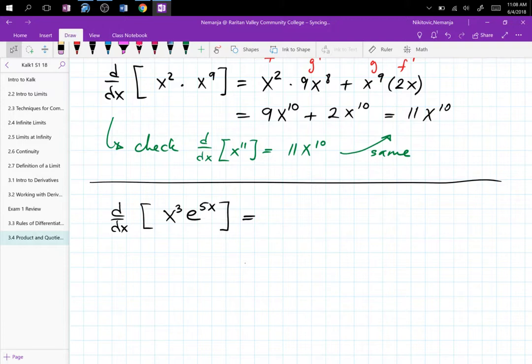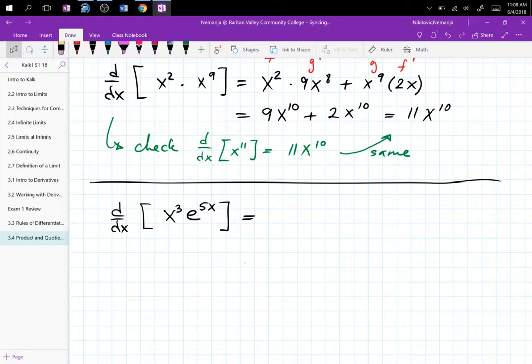You make it into x to the 11 and you're done. Now the bottom one you can't really multiply. One is polynomial, one is exponential. You can't multiply them, you can't add them, you can't do anything. So the product rule is designed for when you have a product of two functions that are not compatible and cannot be combined by algebra. That's why we have the product rule.